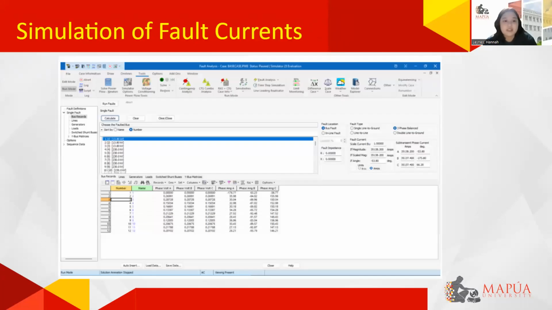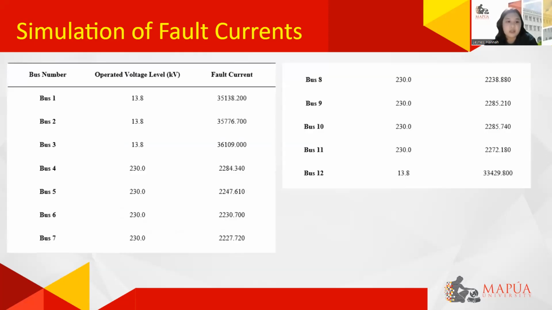Next, we have here the simulation of the fault currents by using PowerWorld. In every bus number, the first 3 buses have a fault current of 35,000 and above. From bus 4 to bus 11 has an average of 2,227.